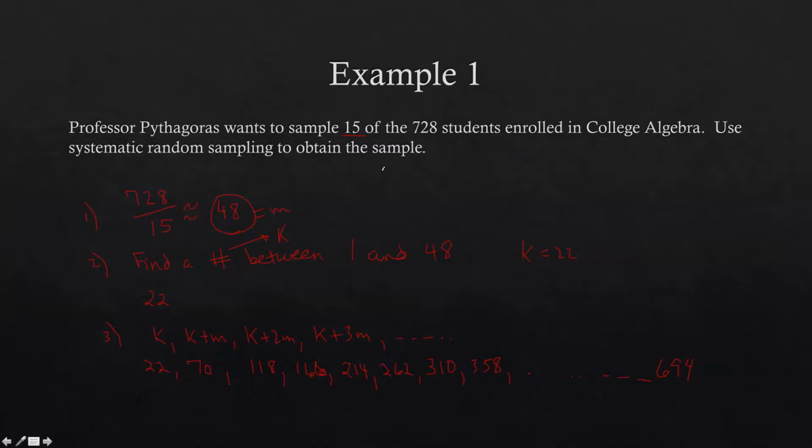That is how you do a systematic random sample. A lot of times when people are looking to call you, like telemarketers, they like to use systematic random sampling. So that would be an example of how it is used.